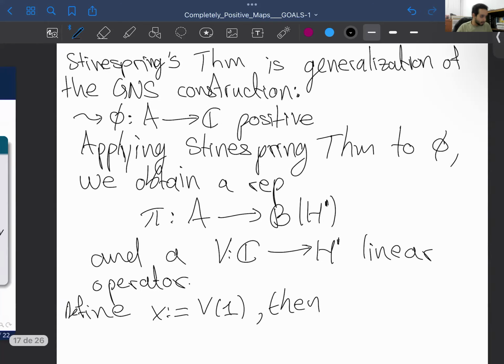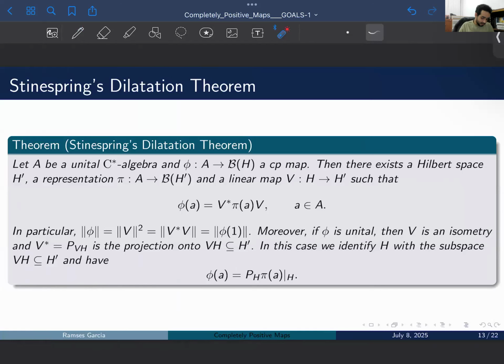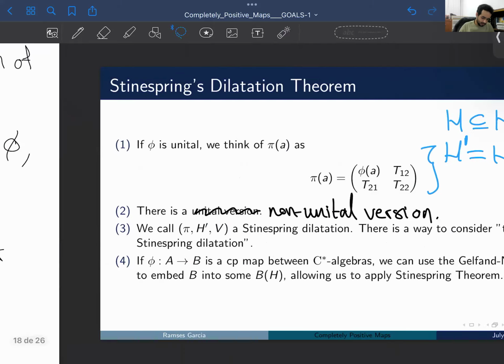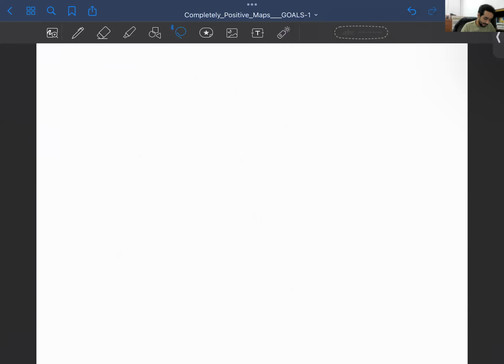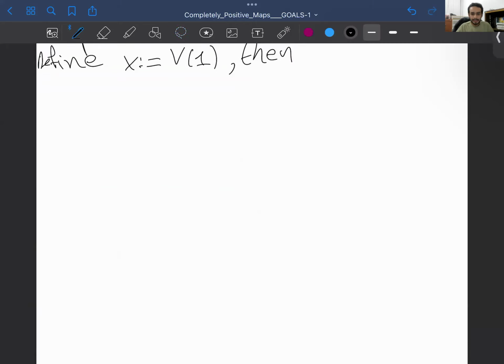I'm going to go back to the last slide. Then phi has the norm of V, the square of the norm of V, and this is going to be the norm of X squared. We define X to be the image of one.